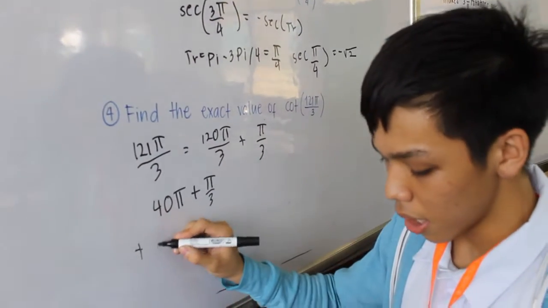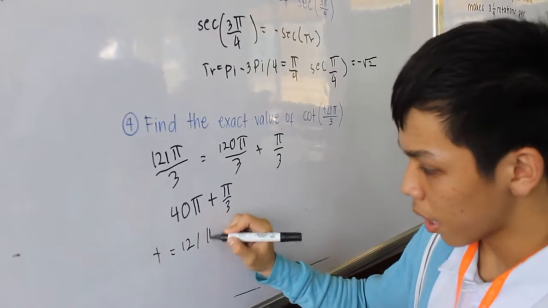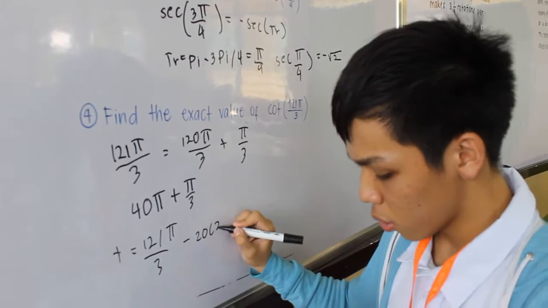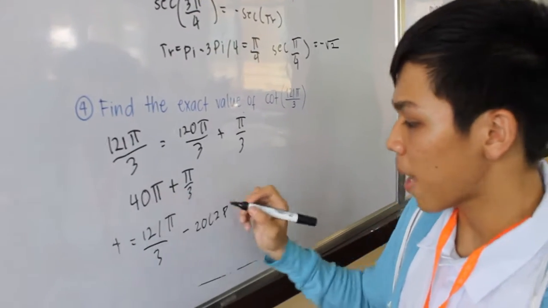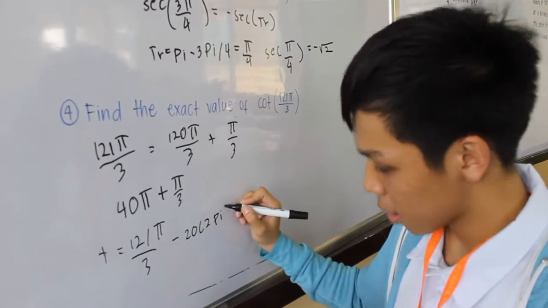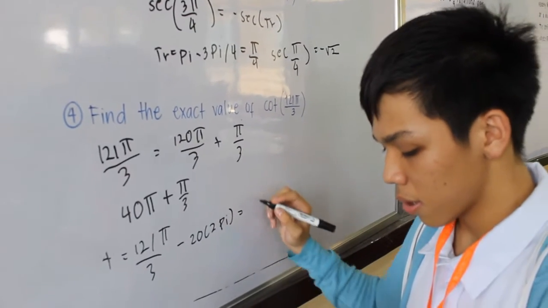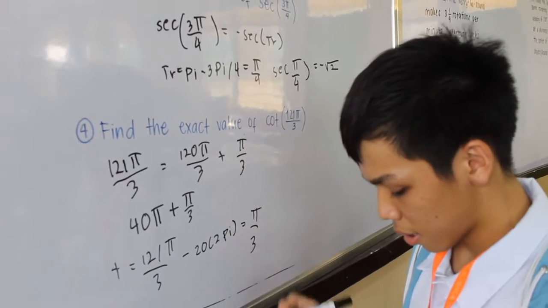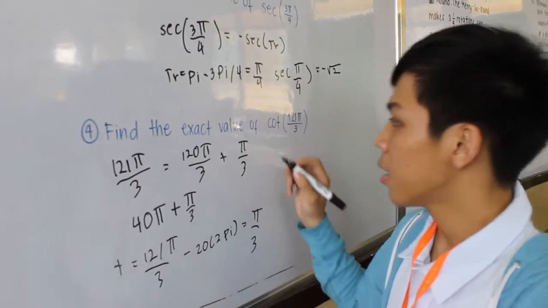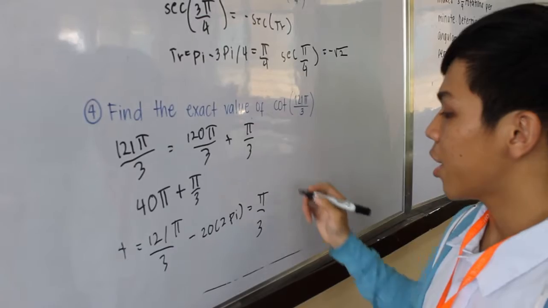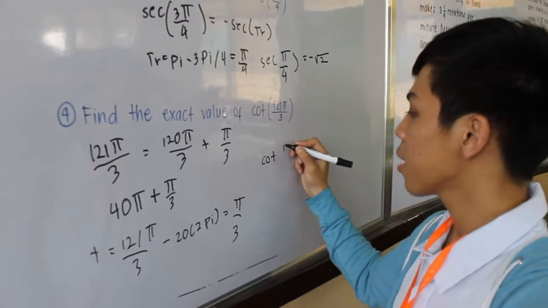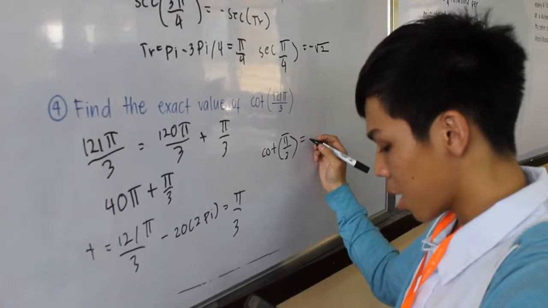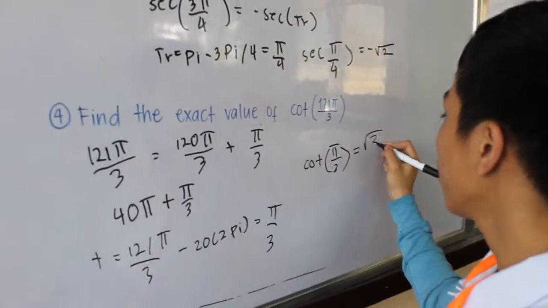So, theta equals 121 pi over 3 minus 20 times 2 pi, or 40 pi, equals pi over 3. And since we're gonna find the cotangent here, cotangent pi over 3 is equal to square root of 3 over 3.